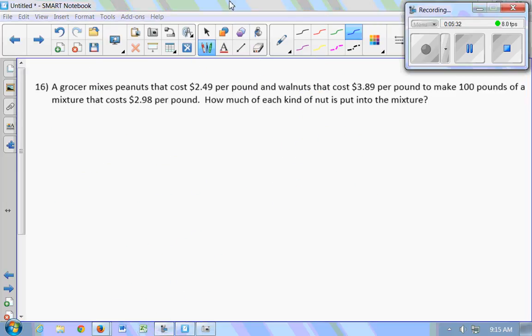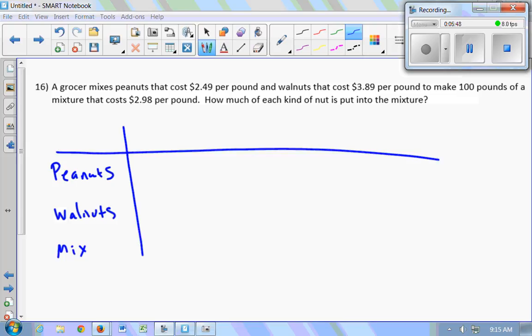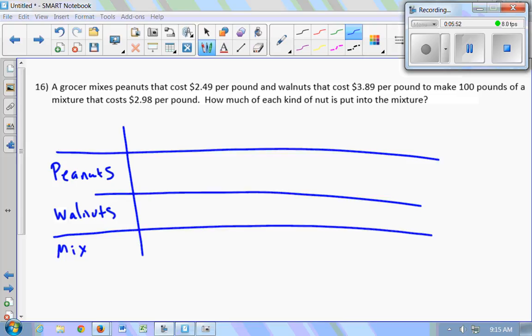Okay, the other mixture problem. This time we're mixing peanuts and walnuts. So I start by making a little table, putting those as my entries, the rows in the table: peanuts, walnuts, and a mix. All right, and then the other stuff that they tell me about these things are price per pound.